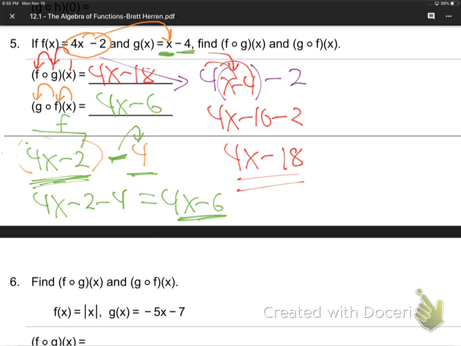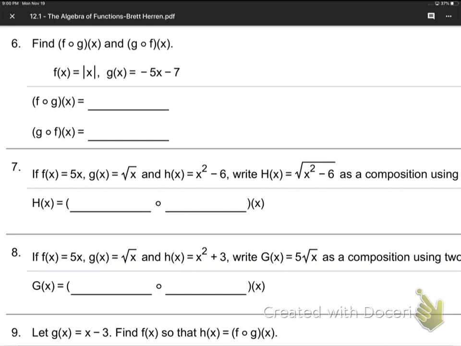All right, so shall we? So try 6 there. Do the first part. F of g of x. Remember, it's right to left. They're wanting you to put g into f, aren't they?